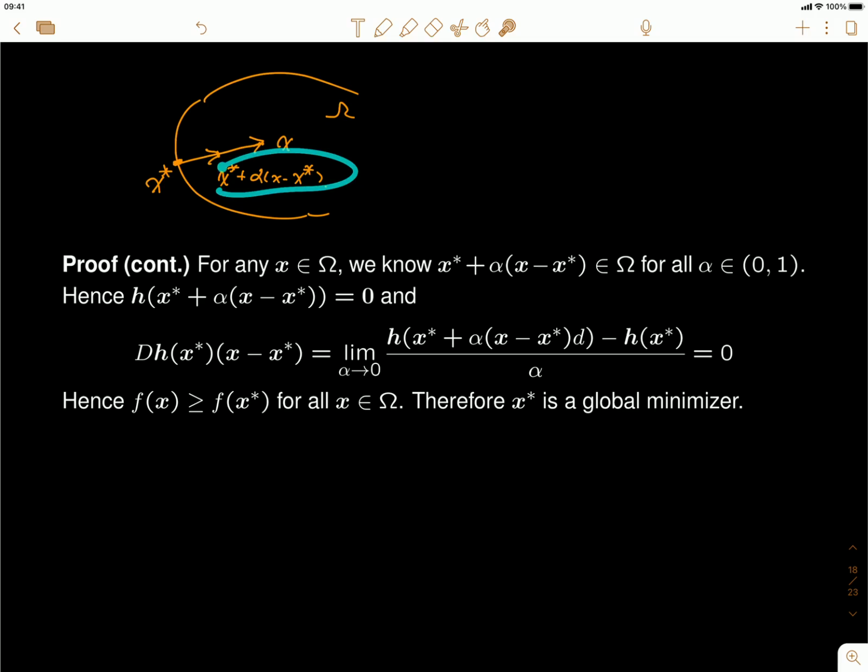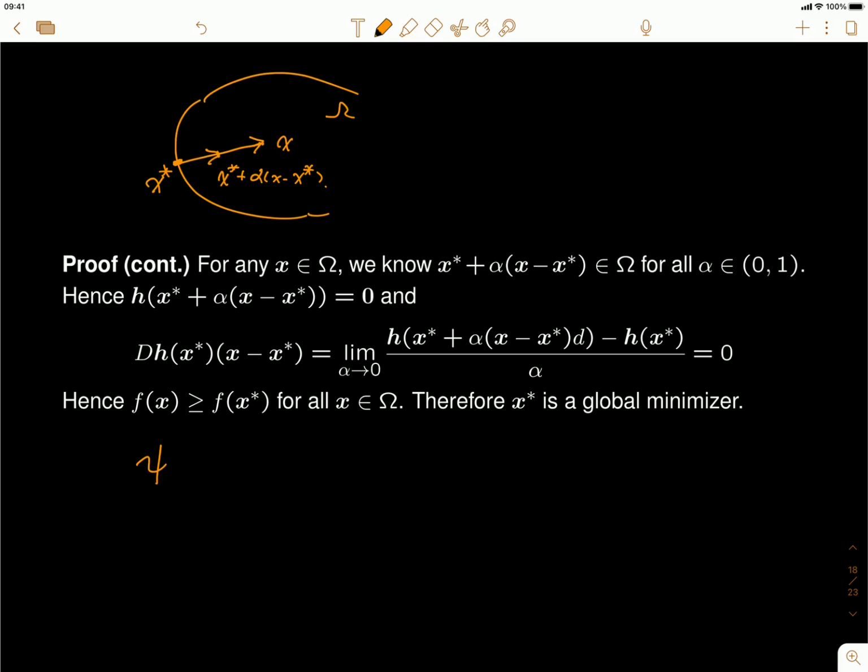So that means h of this is equal to 0. When h of this is equal to 0, this is equal to 0 for any alpha, and this divided by alpha is still 0. So when you take the limit as alpha goes to 0, we can use the same trick.